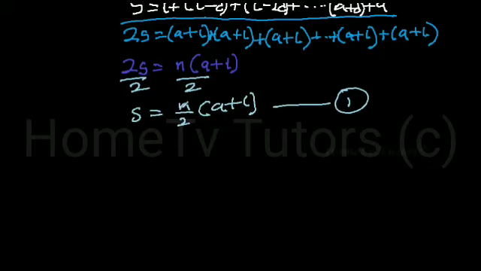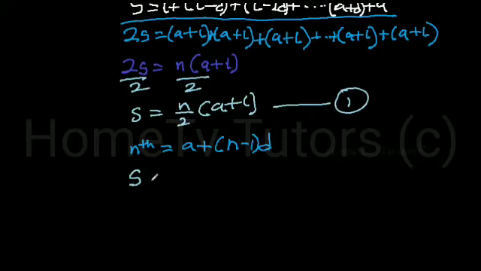Since we know that N is the number of terms in the AP, the nth term is equal to A plus bracket N minus 1 bracket D. So we are now going to use this expression for L in the first formula.